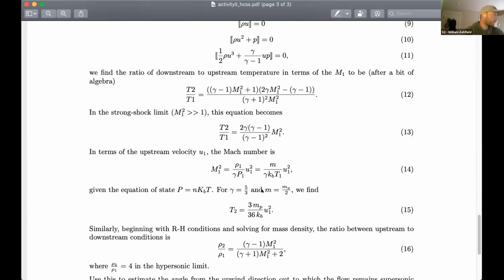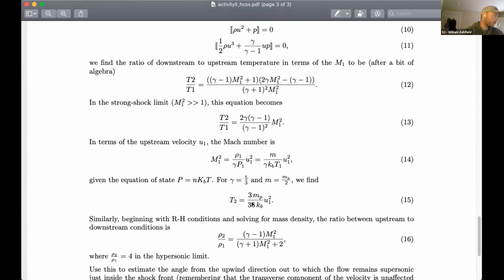The mass is the average mass of the plasma, which is the mass of a proton over 2, because the mass of the electron is so small compared to that. And this is a typo; this should be a 3/2. That is the downstream temperature in terms of the upstream sound velocity, and this should actually be the solar wind speed.